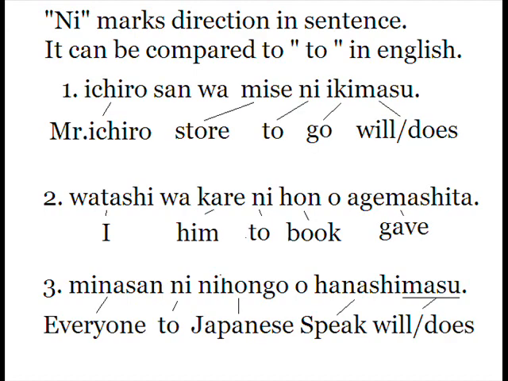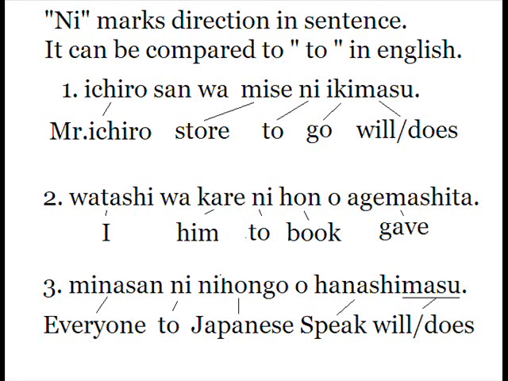So, number 1. Ichiro-san wa mise ni ikimasu. Mr. Ichiro will go to the store. Number 2. Watashi wa kare ni hon o agemashita. I gave a book to him. Now, I, and then you have kare ni, that's to him. Hon o, that's the book that's being acted upon.